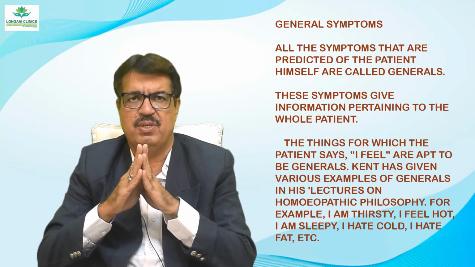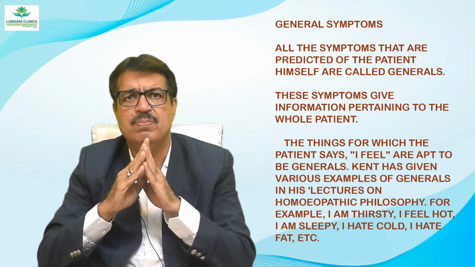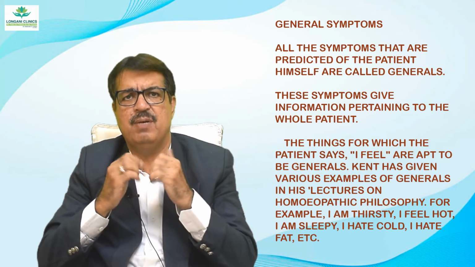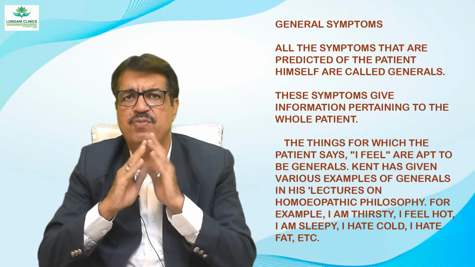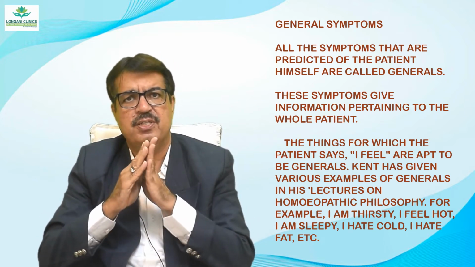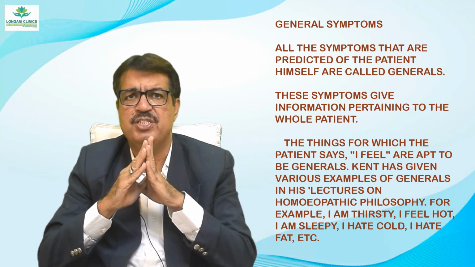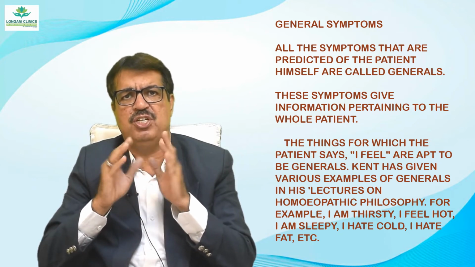First, general symptom. All the symptoms that are predicated of the patient himself are called generals. These symptoms give information pertaining to the whole patient. The things for which the patient says, "I feel," are apt to be general.